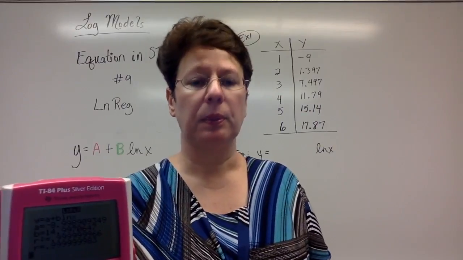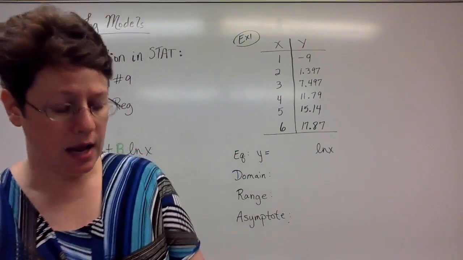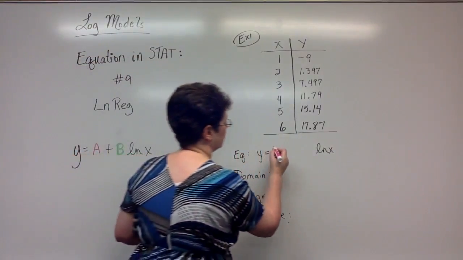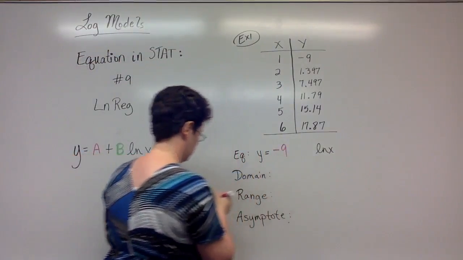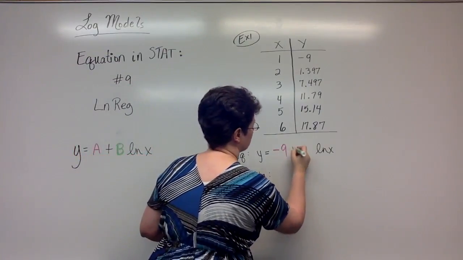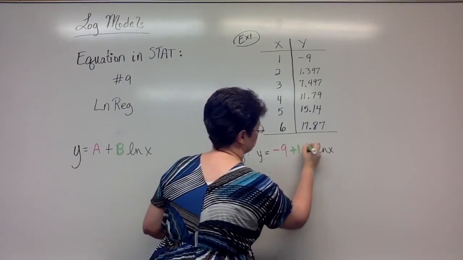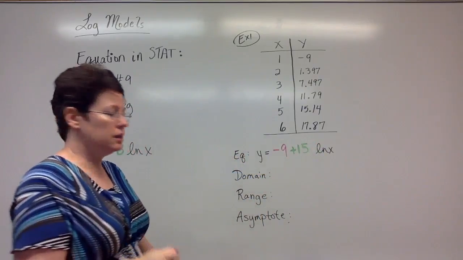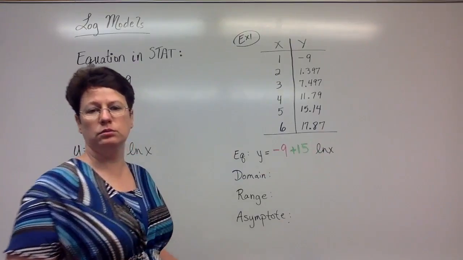B is what? 15. So my A is negative 9, my B is 15. So I have negative 9 plus 15 ln x. Easy enough.